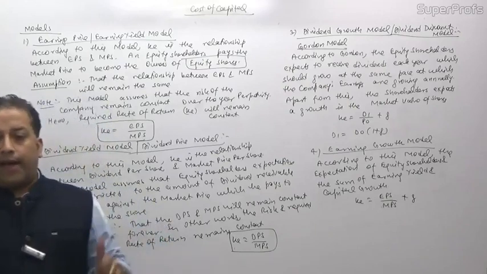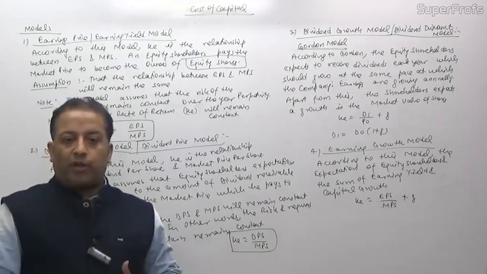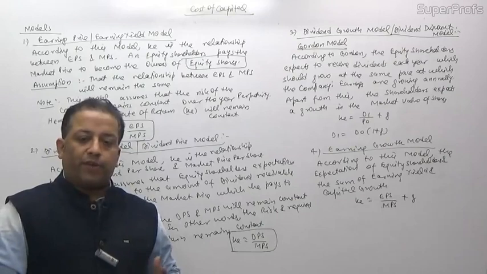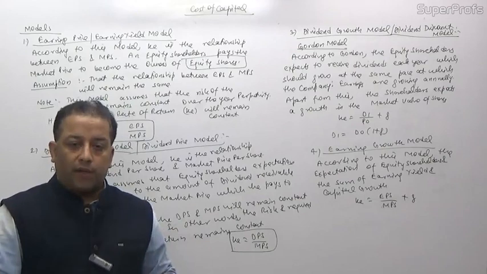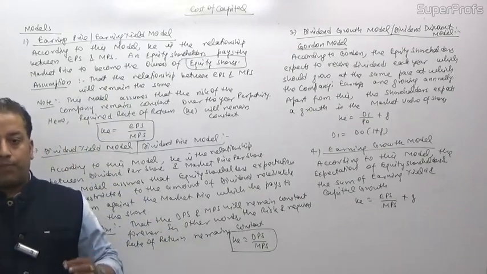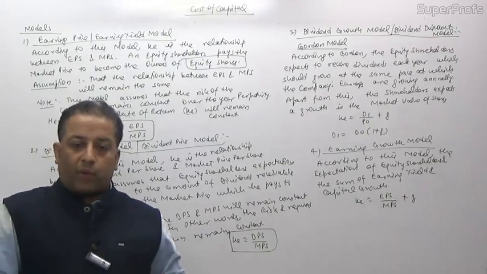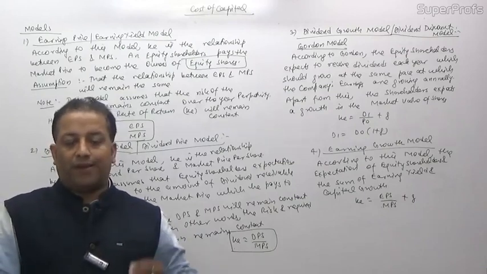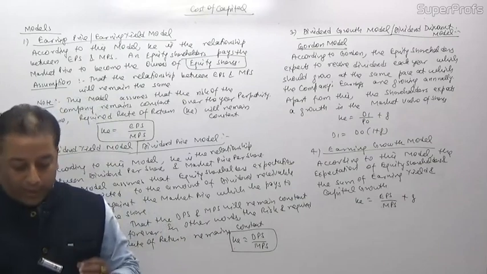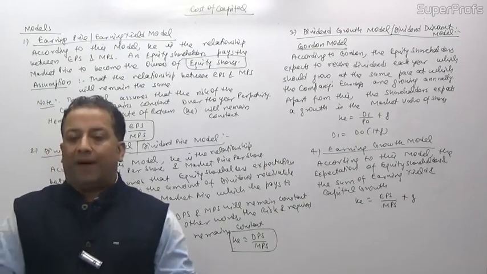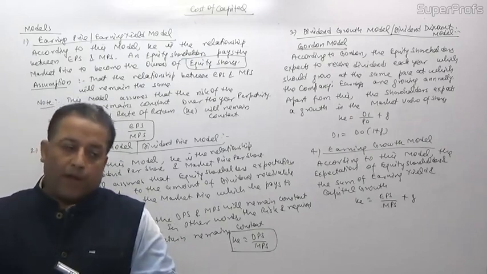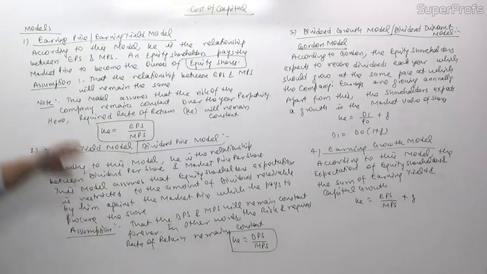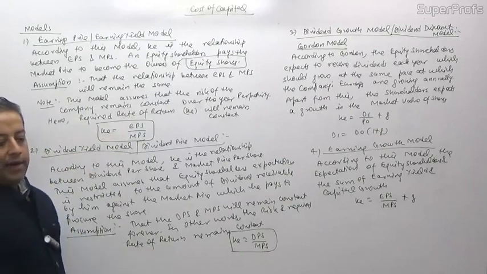If there are preference shareholders in the capital structure, we deduct preference dividend to get the earning for equity. The earning for equity divided by the number of equity shares gives EPS. And as per the earning yield model, the formula to calculate KE is EPS divided by MPS.